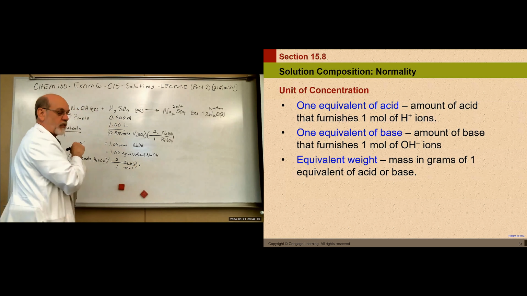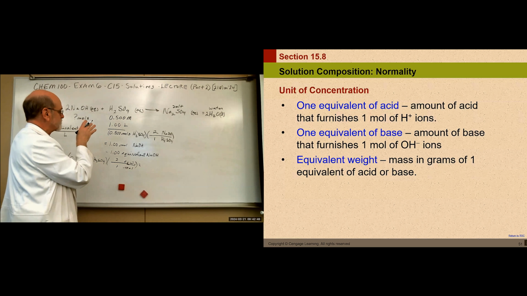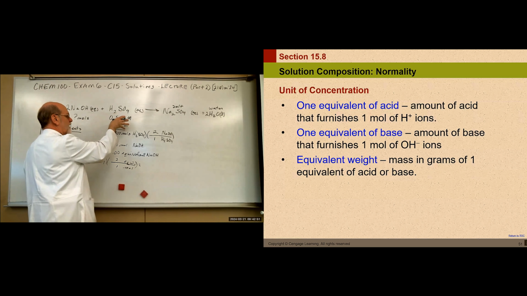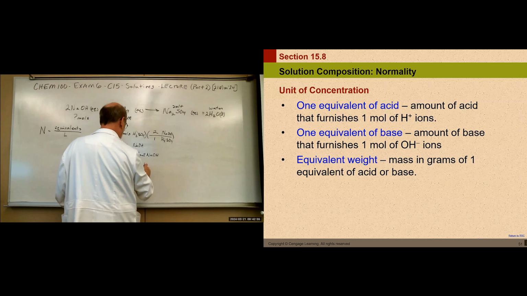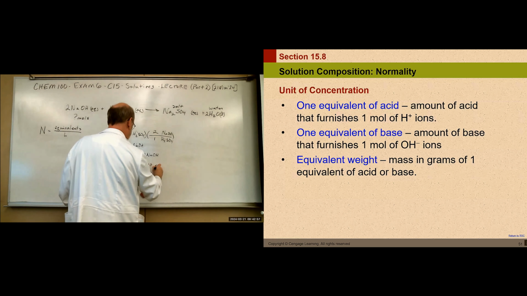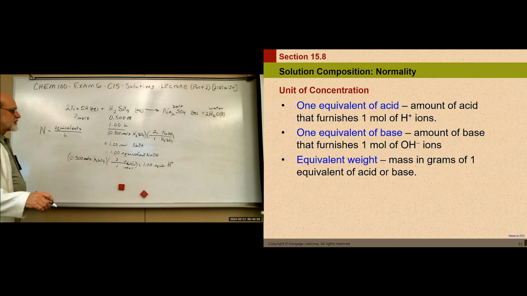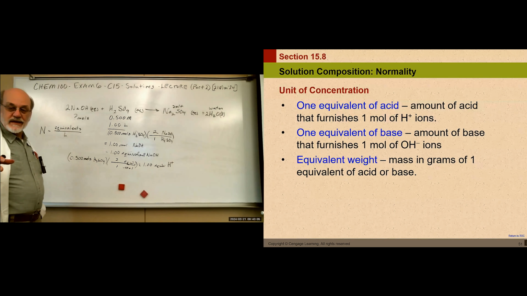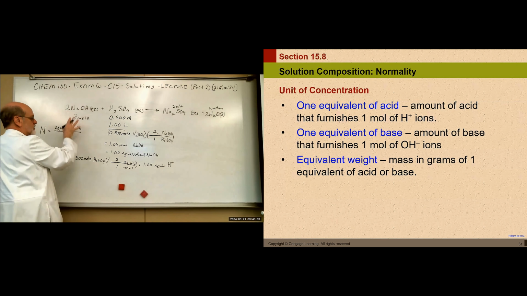So 1 liter of 0.5 molar H2SO4 actually produces 1 equivalent of hydrogen ions. So, what is the normality of this solution?